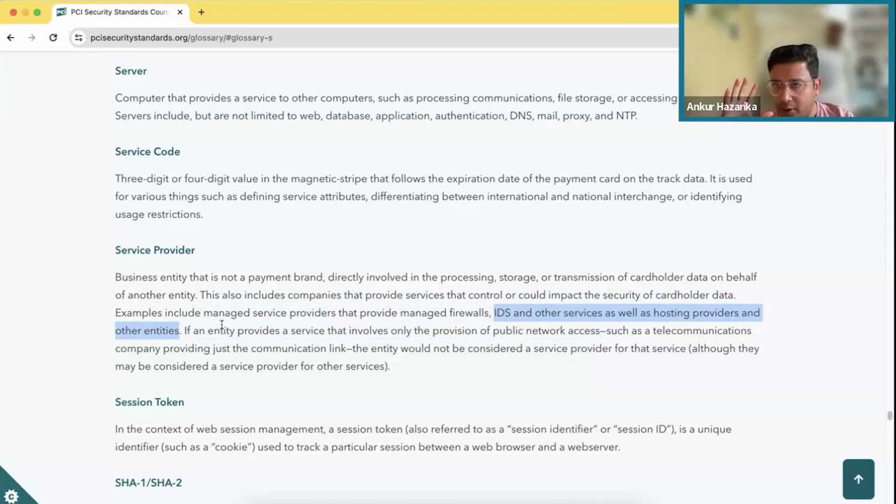And that firewall is used to control traffic for systems that are in scope for PCI DSS. So I am a service provider in the context of PCI DSS to your company. So I am liable to be PCI DSS compliant as well, because I am providing my services to your company as a service provider.